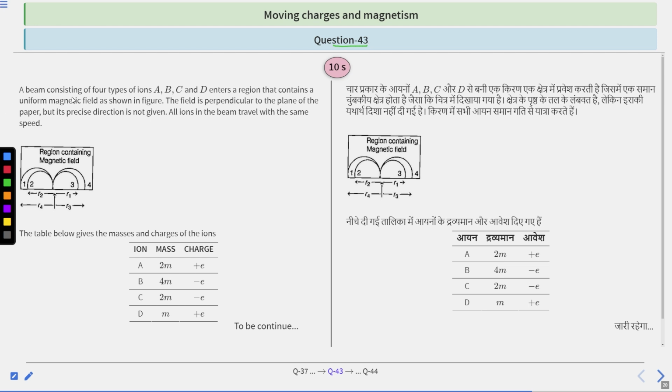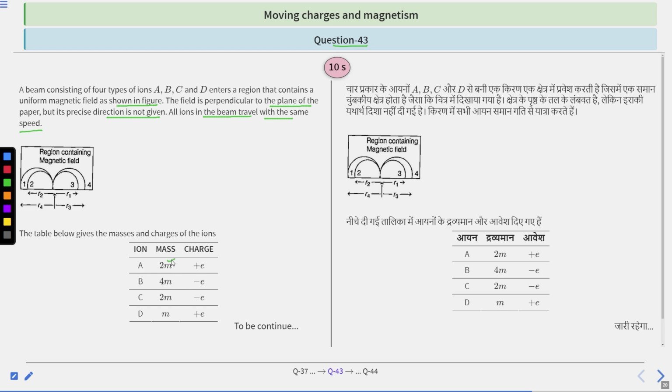Next question. Question 43. A beam consisting of four types of ions A, B, C, D enters a region that contains a uniform magnetic field as shown in the figure. The field is perpendicular to the plane of the paper, but its precise direction is not given. All ions in the beam travel with the same speed. The table gives the masses and charges of the ions.